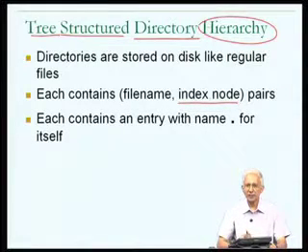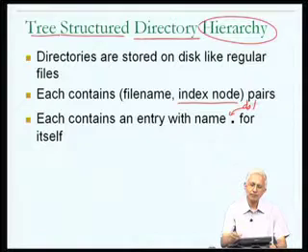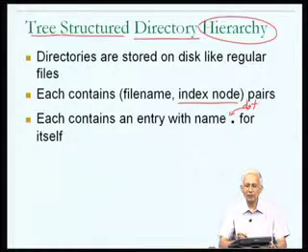Now, in addition, in the case of the Unix and Linux type tree structured directory hierarchies, each directory contains an entry with the name dot. This is just a dot, and that entry stands for the directory itself. So in order for a directory to keep track of information about itself, given that the directory itself is something like a file, an entry is maintained within the directory for itself as well.